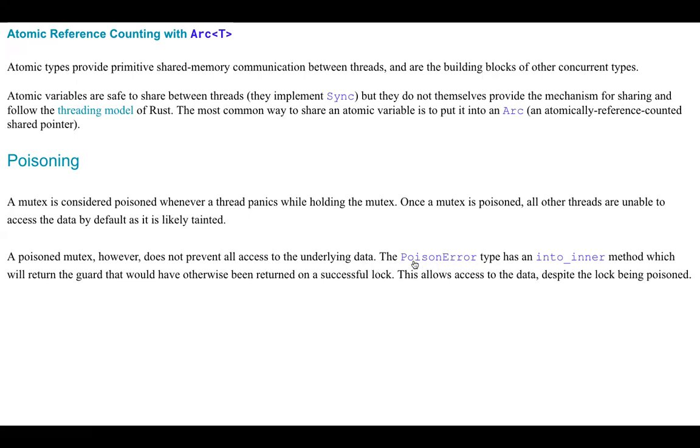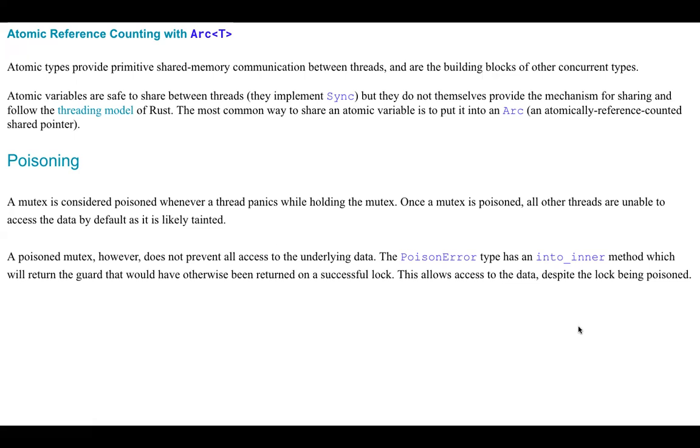The PoisonError type has a method, into_inner, which will return the guard that would have otherwise been returned on success. The guard is nothing but the data. This allows access to the data despite the lock being poisoned.